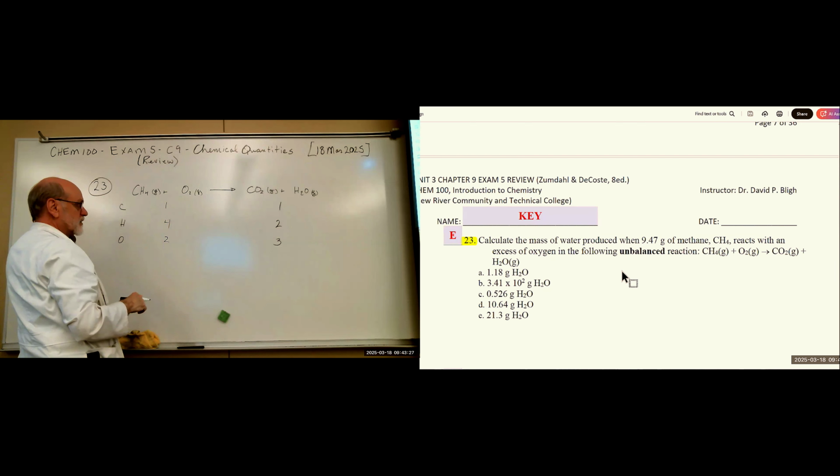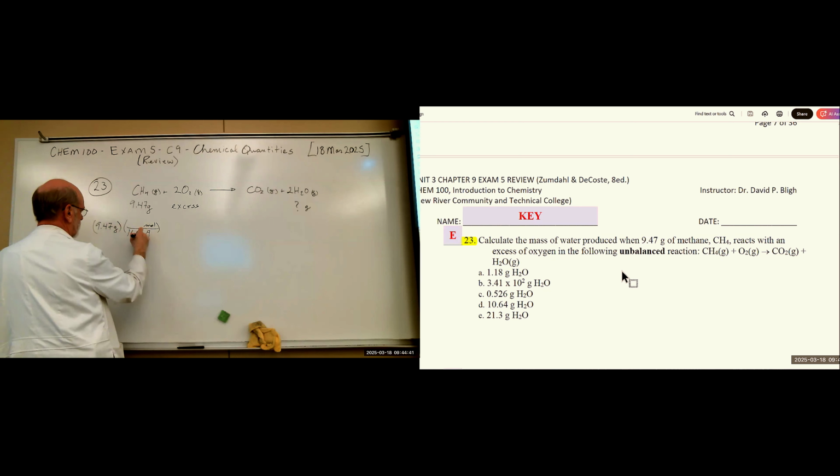So we want grams of water. Okay, we got to find out the molar mass of methane, which should be 12.01 for 1 carbon and 4.04 for the hydrogens.